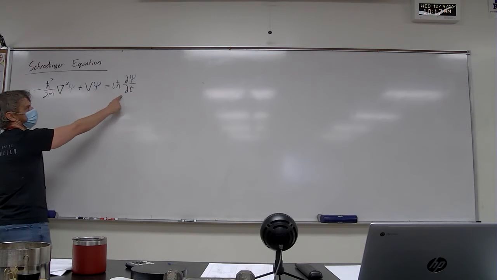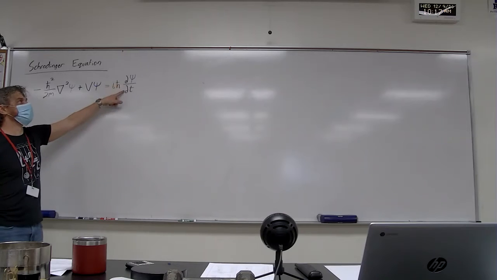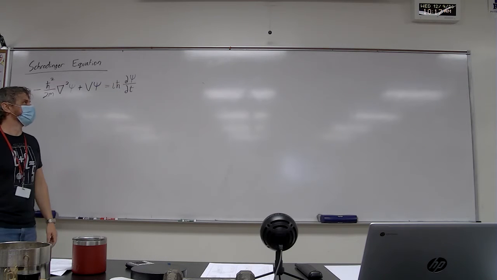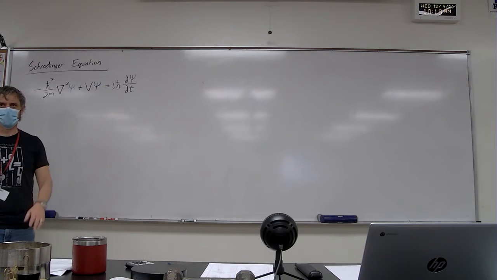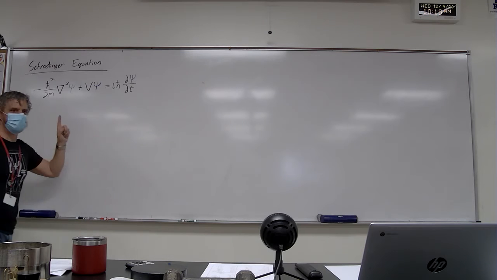And then on this side, it tells you how the wave function evolves over time, because this is a partial derivative. Partial derivatives get weird looking d's. Partial derivatives are actually a lot more difficult to deal with than normal derivatives, as you'll learn when you do differential equations. But the reason I'm putting this up is because this is a differential equation.